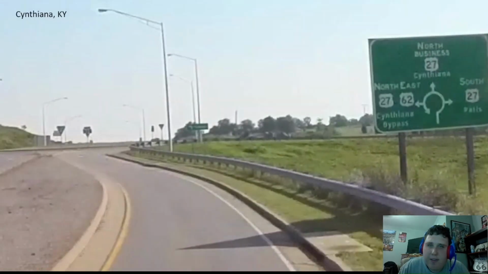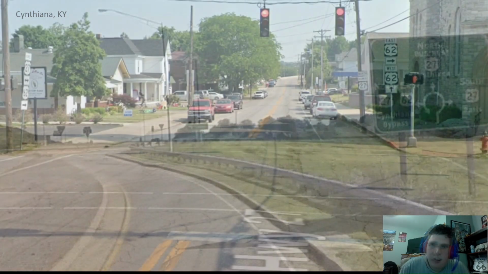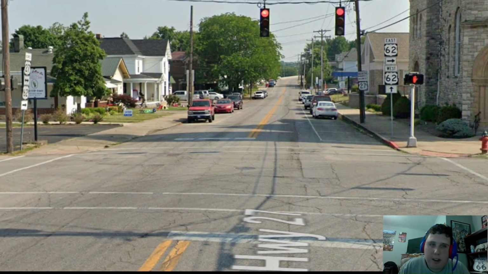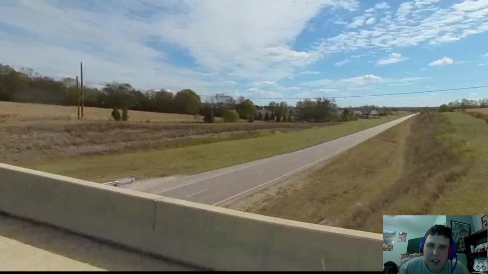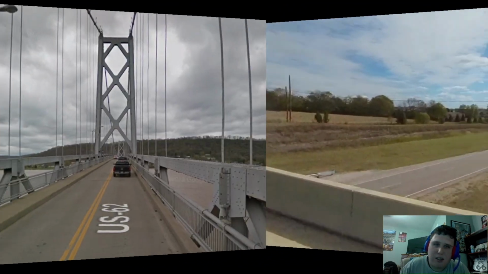Here is US 27, and 27 and 62 are going to be bypassing the city of Cynthiana. Here is US 62 splitting off from US 27, and 62 is going to continue east to places north of here. Here we have no access to US Highway 68, we're just crossing over it.